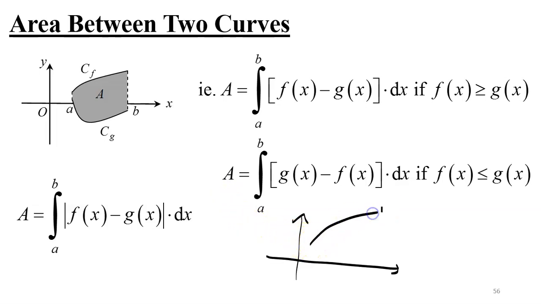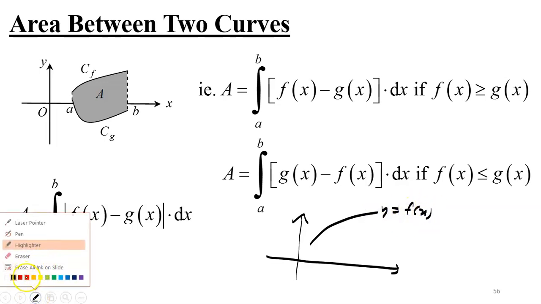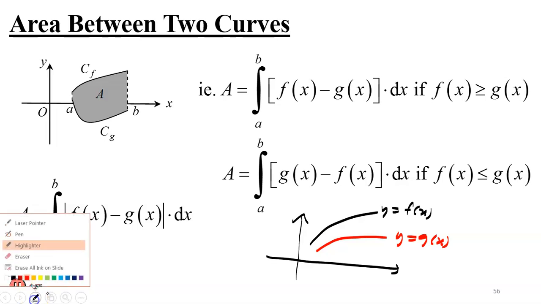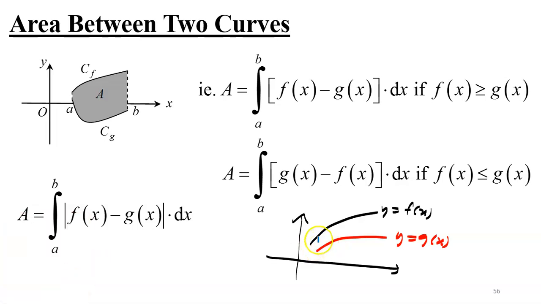So if I have here y equals f of x, and here y equals g of x, the area between the two curves is defined by this region, of course, over here between a and b.